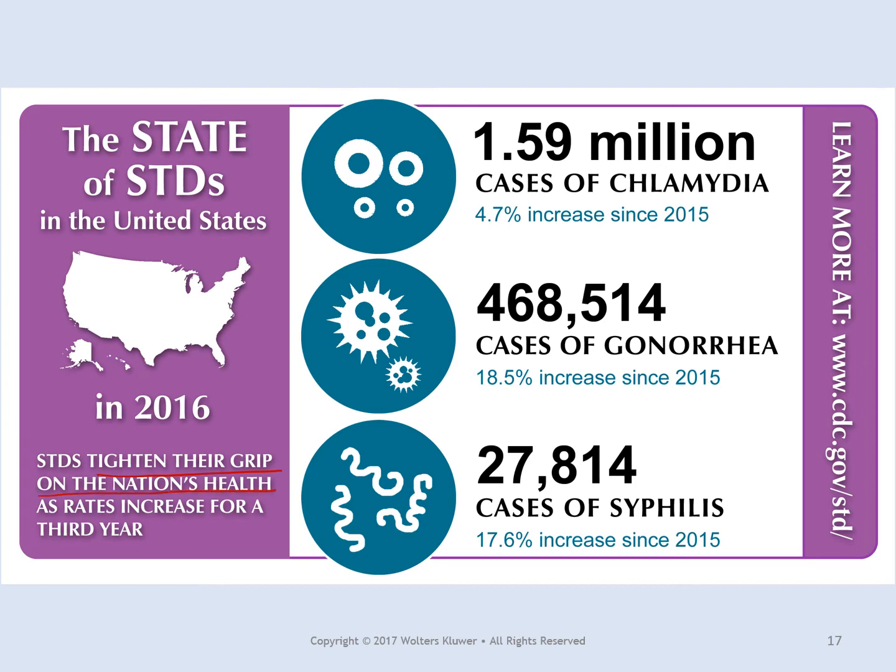So in 2016, we saw almost 1.6 million cases of chlamydia, almost 500,000 cases of gonorrhea, almost 28,000 cases of syphilis, which are big numbers, but also look at the increase from the previous year. So a 5% increase in chlamydia, almost 20% increase in gonorrhea and syphilis. That's huge. That's a really big increase in both of those infections.